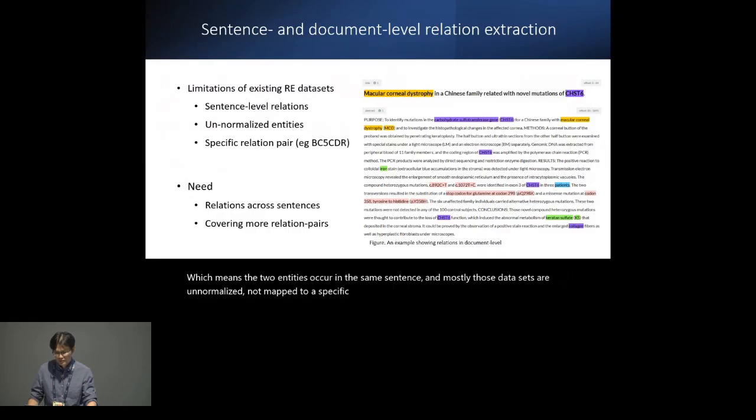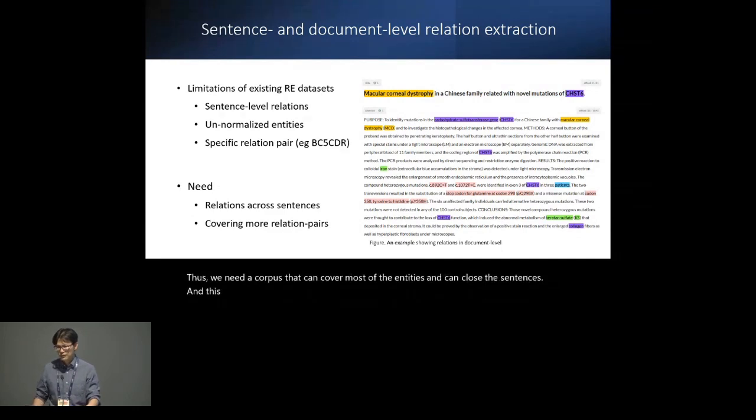Even though there are a few datasets that focus on the document level, which means the two entities can cross different sentences, those datasets only focus on a specific relation type, for example, chemical-induced disease in the BC5-CDR corpus. Thus, we need a corpus that can cover most of the entities and can cross sentences.